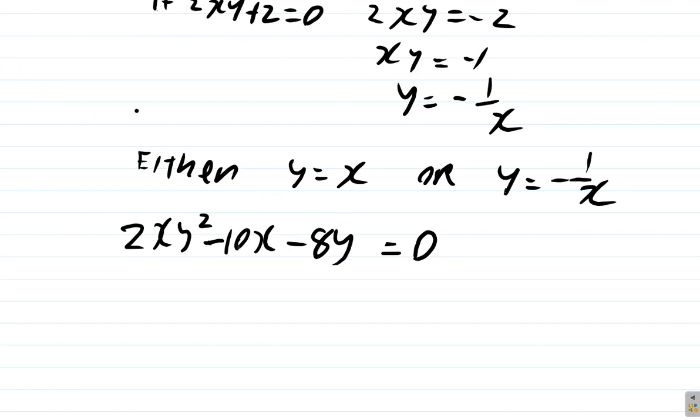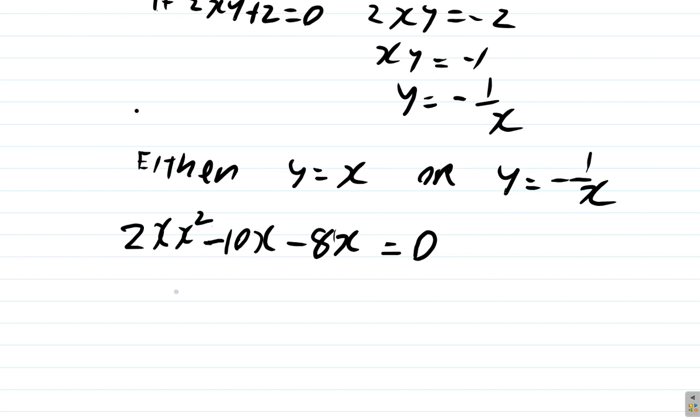Now, if we put y equal x here, it means that y squared is x squared. So let's put this as x squared, and y is x. Let's see what happens in this case.